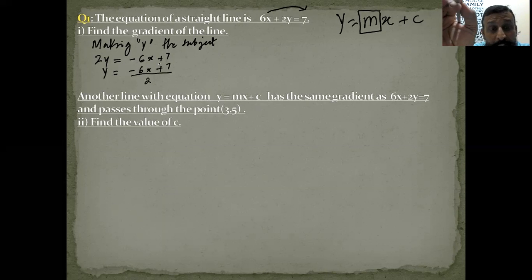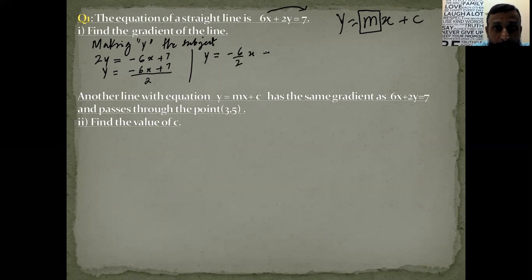Now, we break the LCM, that is the denominator 2. We need to break it and write separately underneath negative 6x and 7. So we have y equals minus 6 upon 2 x plus 7 upon 2. We can simplify this: 2 ones are 2, 2 threes are 6.